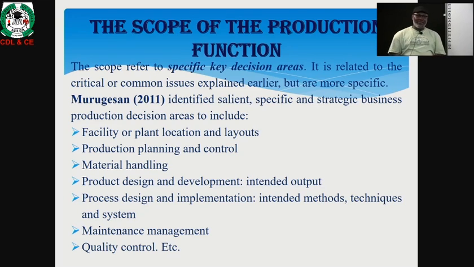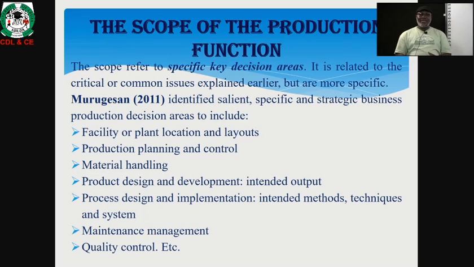Another key area of production function is product design as well as development. For a product to be made available, for there to be satisfaction, the business person must carefully design and develop the product in such a way that satisfaction will be derived.